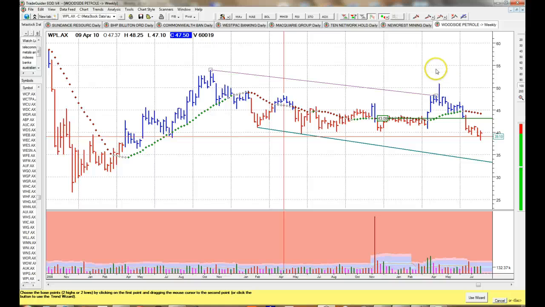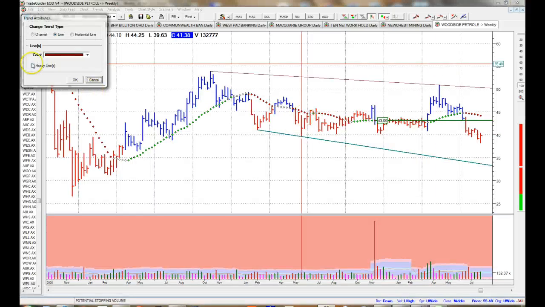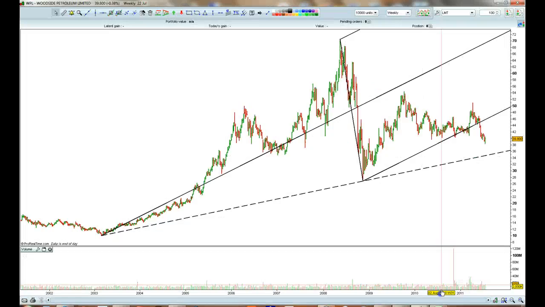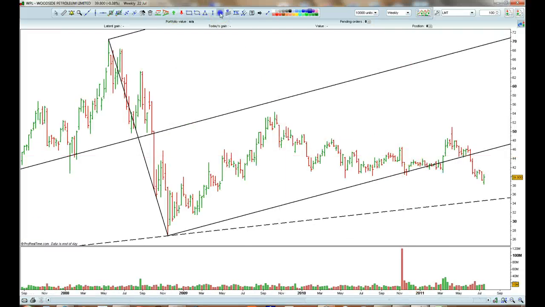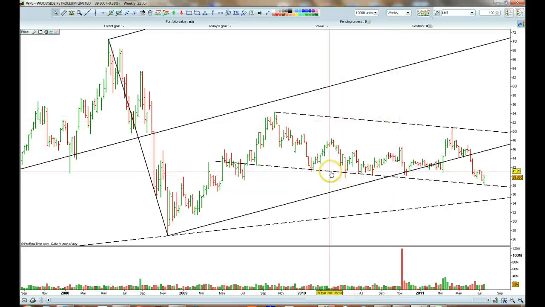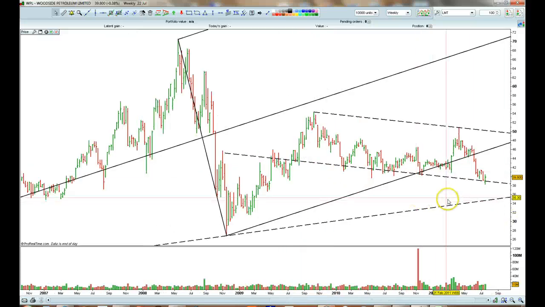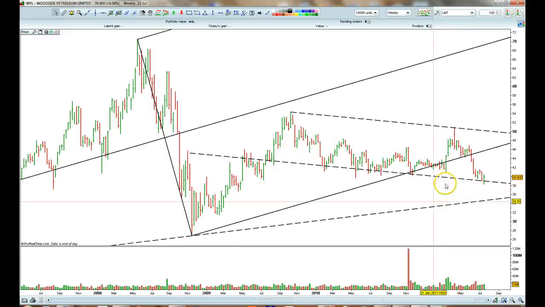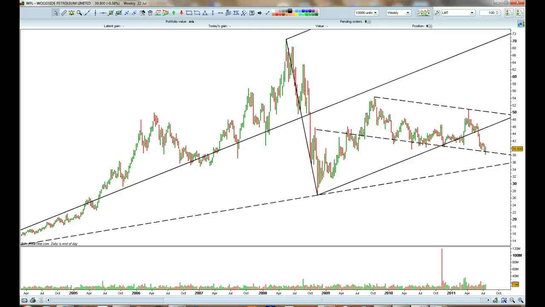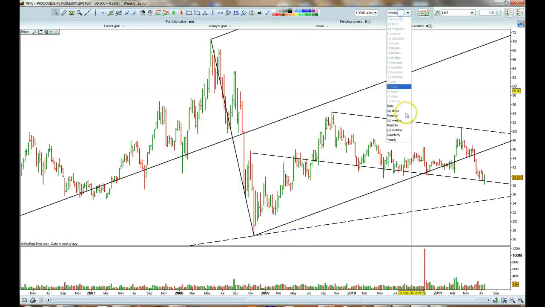Maybe this won't let me do a parallel line there, so I'll go back here and see if I can get a parallel channel there. Not really. Well, there is a little bit, I suppose, but we're really stretching the friendship now. And it's still downtrending, so yeah, no, it's still looking weak.